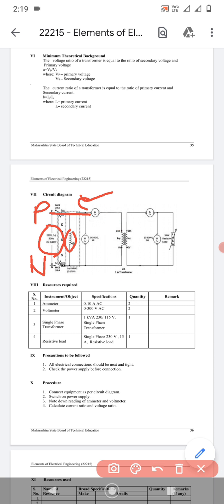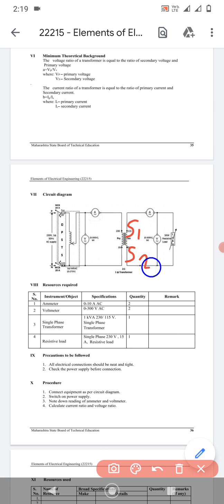Then we can see the secondary side connection. So this is the secondary side of the single phase transformer, that is S1 and S2. The S1 terminal of the secondary side is connected to the common terminal of an ammeter.